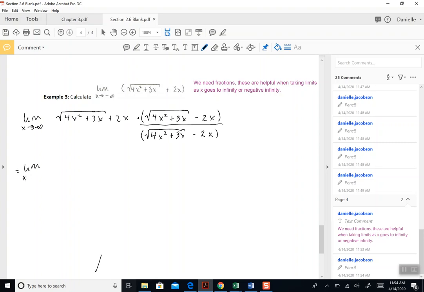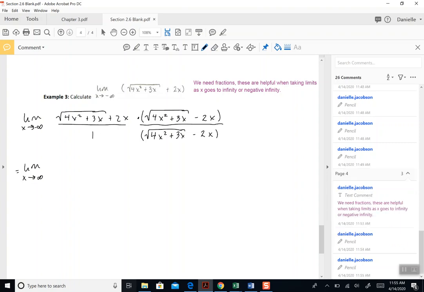Okay, so this is equal to the limit as x goes to negative infinity of, I'm going to FOIL out the numerator. Okay, keep in mind this term is really over 1, technically is the same thing. So I'll FOIL out the numerator. That would give me 4x squared plus 3x. All right, the minus 2x times the radical and the plus 2x times the square root, radical, whatever you want to call it, would go out to 0.